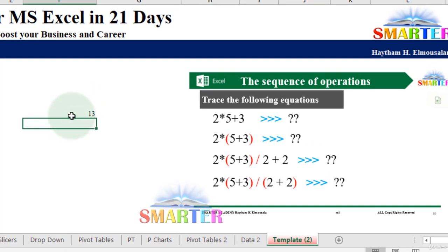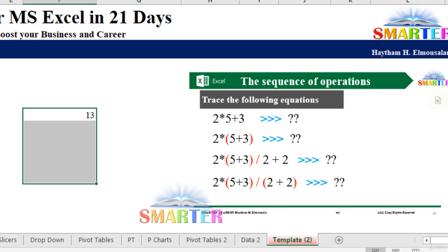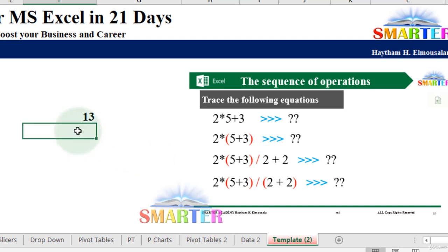The result will be 13. Next example here. 2 multiply, open parentheses, 5 plus 3, and the result will be 16.